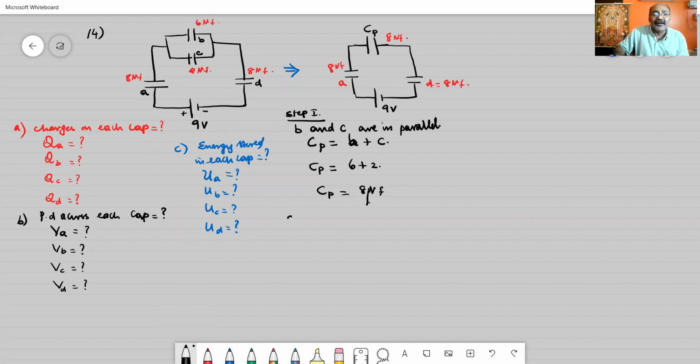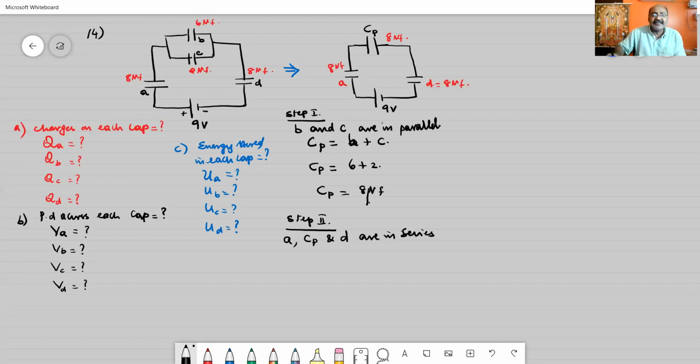Now let us go for step 2. Look at the second diagram. In this second diagram, the three capacitors A, CP, and D are in series.